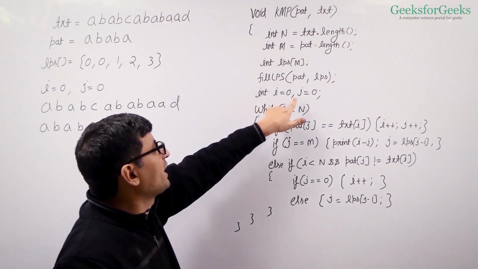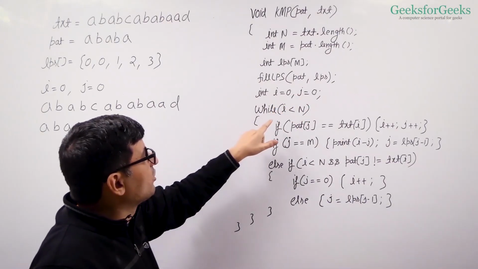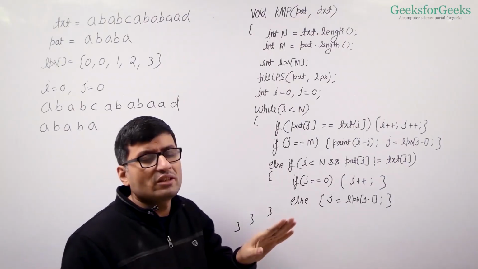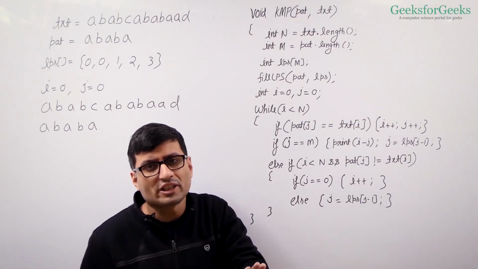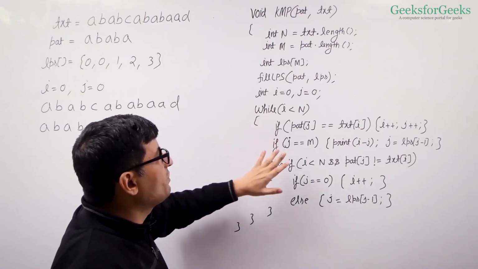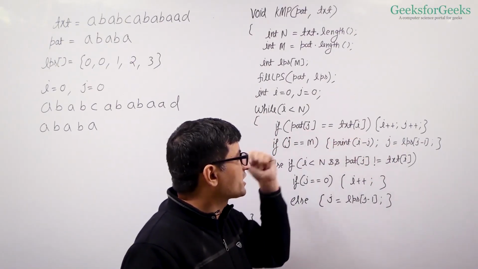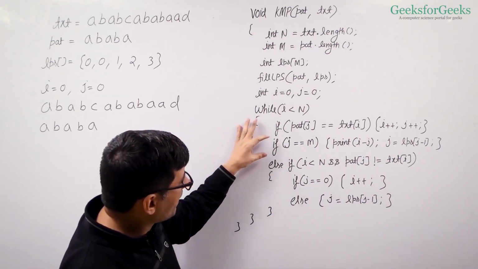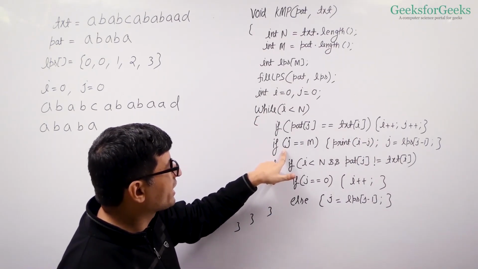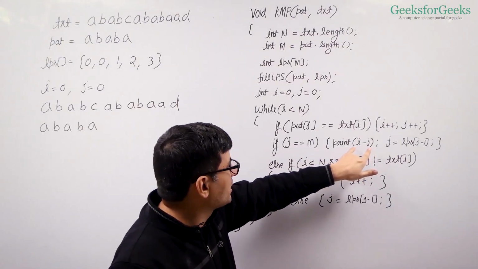We initialize i equal to 0 and j equal to 0. And then we run a loop while we have not reached the last character of text. Inside this loop, we keep on incrementing i and j if pattern[j] matches with text[i]. And if we matched all the characters, if j became m, then we print the shift as i minus j, right?